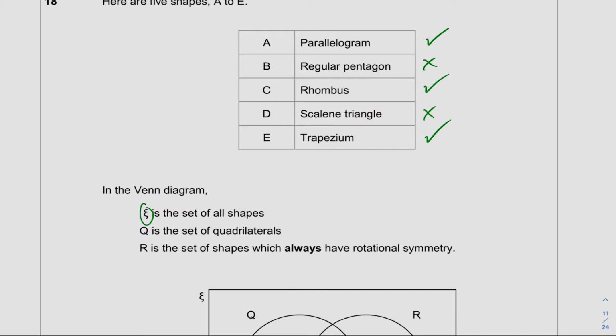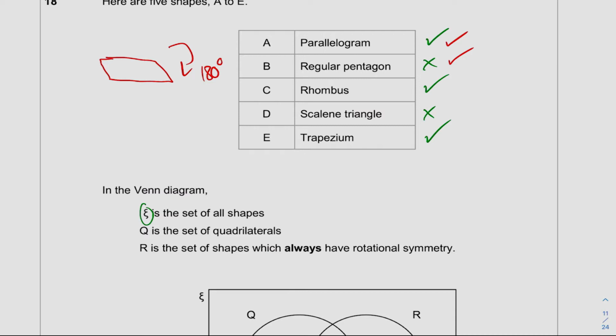So a parallelogram does have rotational symmetry, because if we consider it, I'll just sketch it really roughly, something like this, we can rotate it 180 degrees and we'll end up with the same shape. So a parallelogram is. A pentagon, of course, as it's regular, we can rotate it clockwise or anti-clockwise and we'll get the same shape.